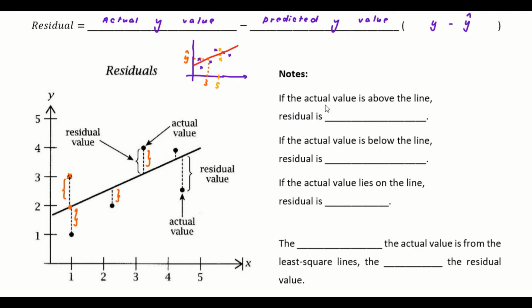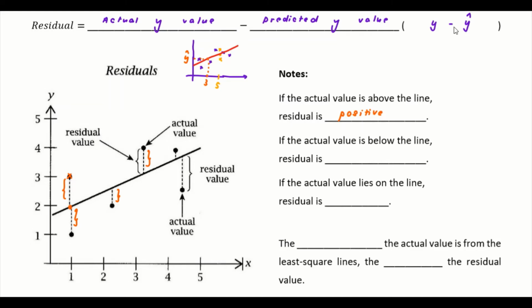So you can see that if the actual value is above the regression line, the residual will be a positive value, because the difference is positive when your actual value is larger than your predicted value.